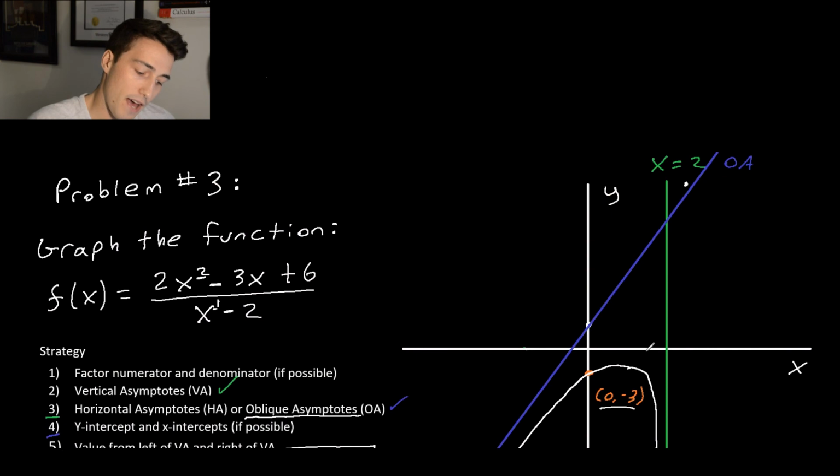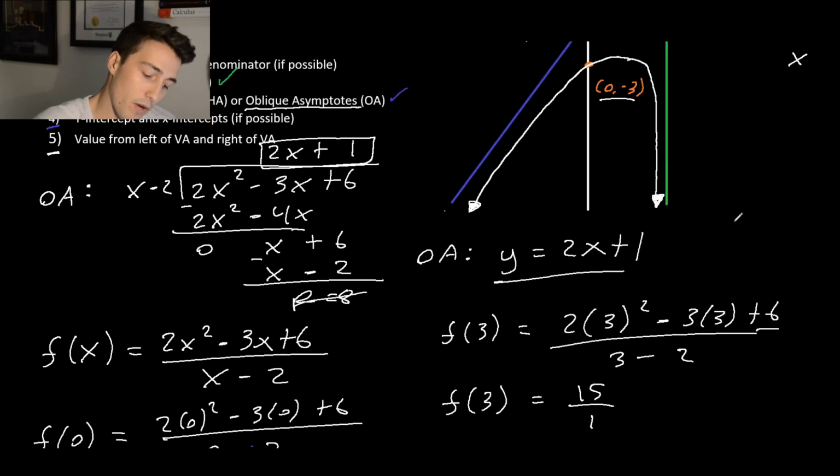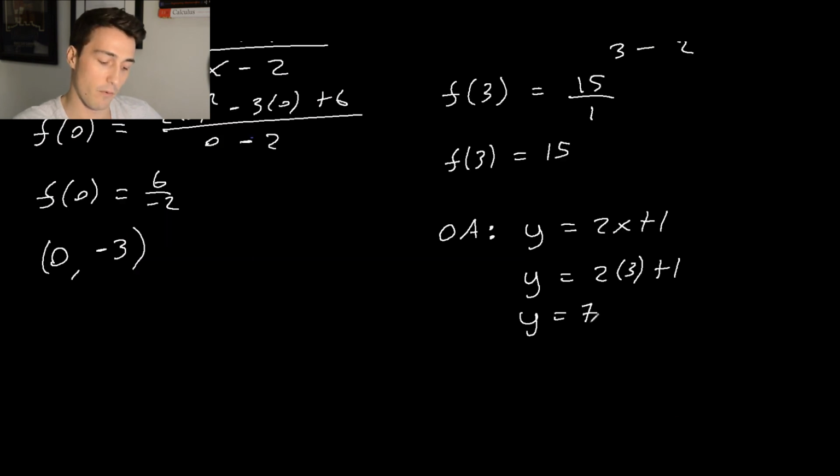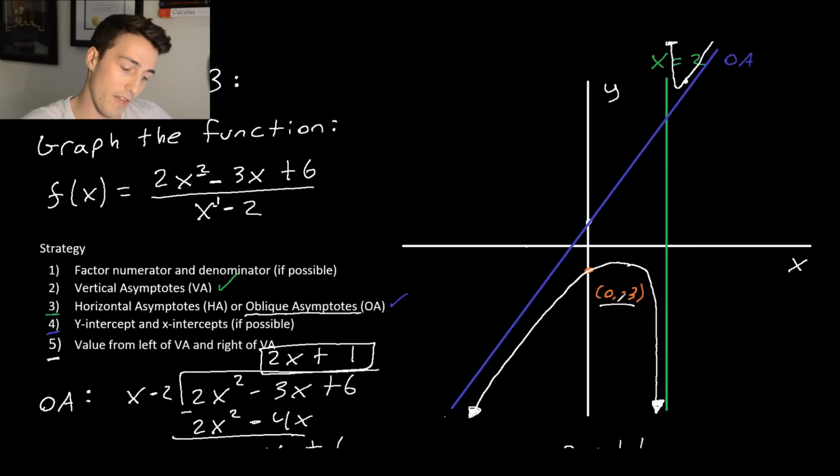So I now know that my function is going to exist above this point because the value I got when I put in f of 3 was 15, and that was higher than the value I got when I plugged it into the oblique asymptote, which was 7. So now we can know that the graph is going to look something like this.